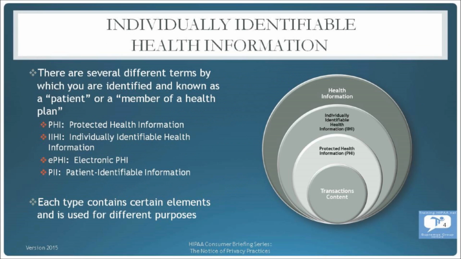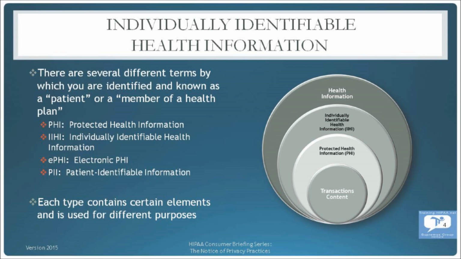Slide 4. Now, as you can see from this diagram, there are several different ways of looking at this information. We have health information, which is the entire universe, you could say, of what informational elements could be contained. Then we have within that individually identifiable health information.